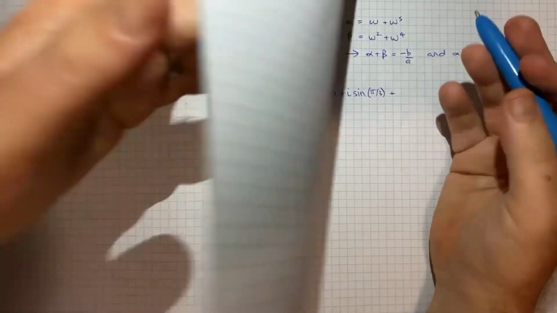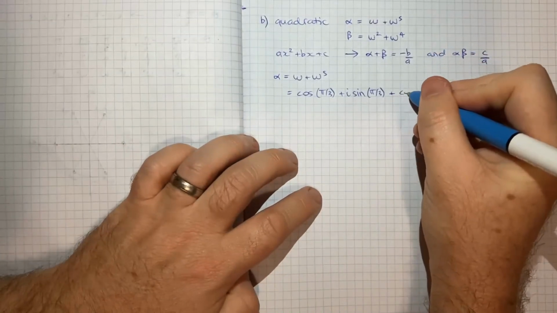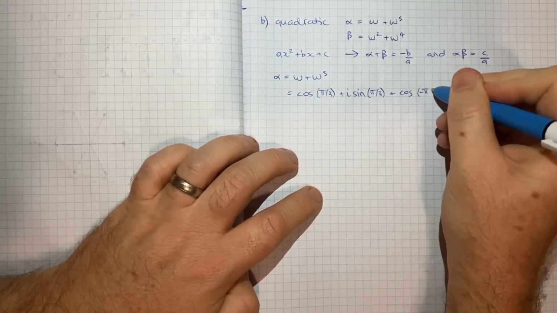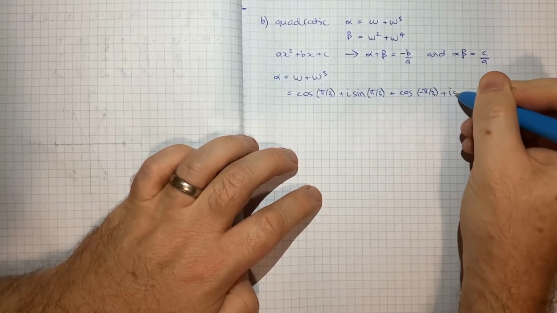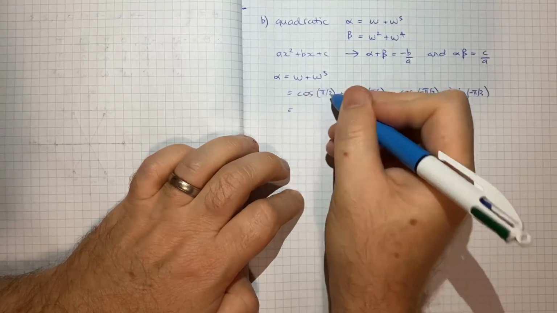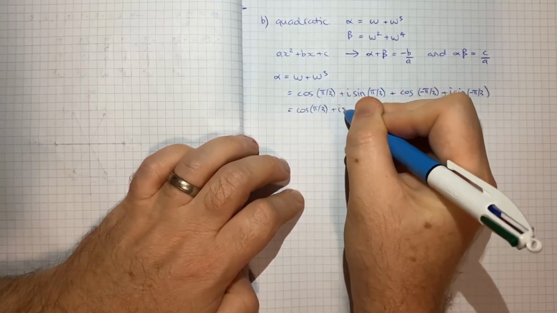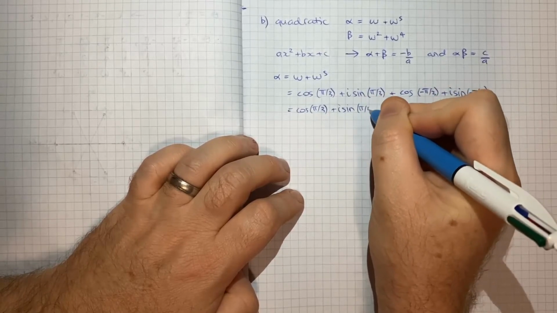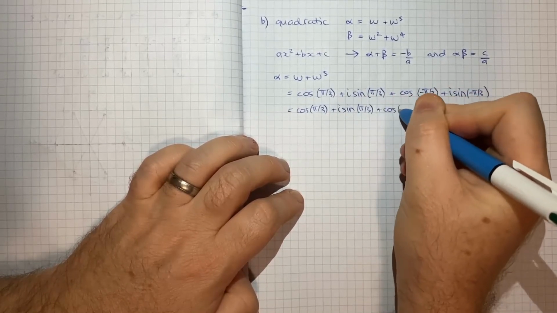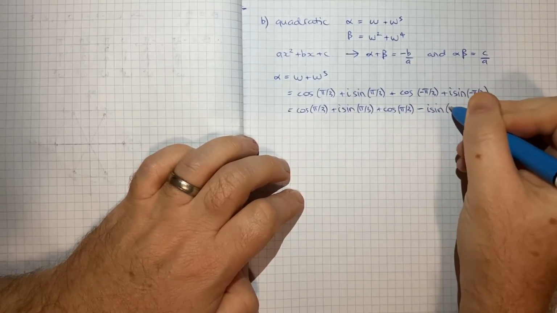And then w to the 5, the argument is negative pi on 3, so plus cos negative pi on 3 plus i sine negative pi on 3. And then this can actually be written as cos pi on 3 plus i sine pi on 3 plus cos pi on 3 minus i sine pi on 3.